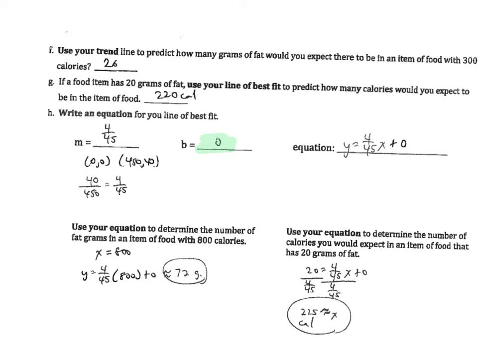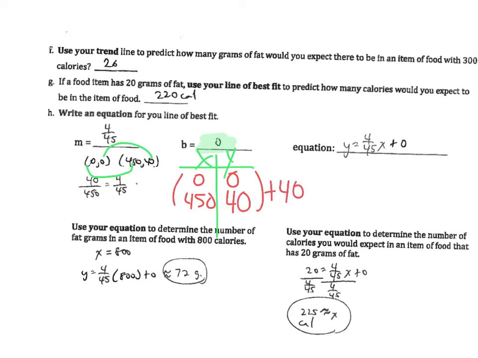I did this a little bit more in my head right here. I wrote down the 2 points, and then I did the rainbow method, which is change in y over change in x. The way we've been doing it a lot this year is by making an xy table, so let's go through it that way. My points are 0, 0, and 450, 40. So my change in y is plus 40.